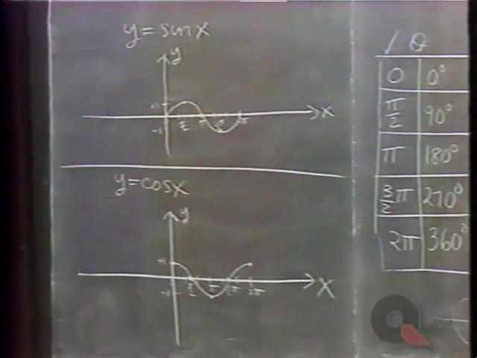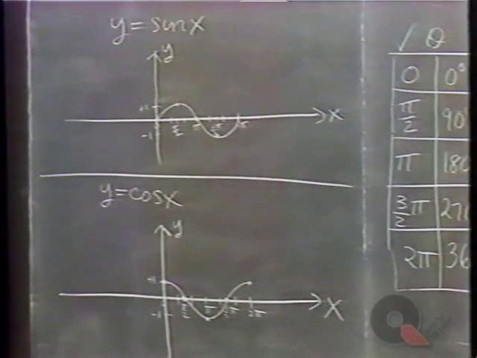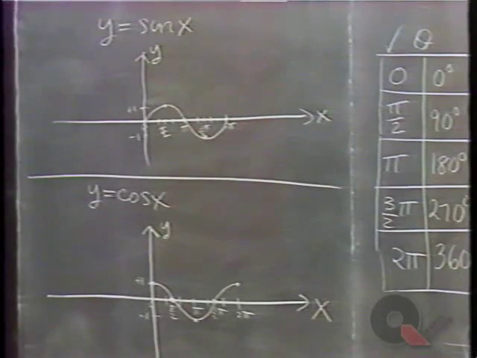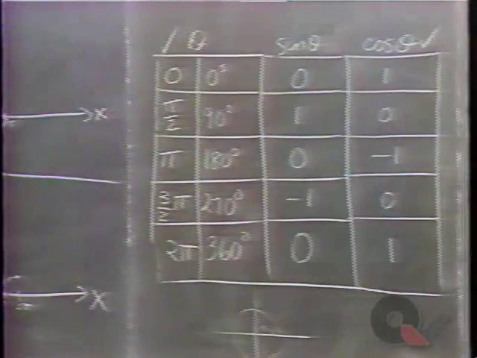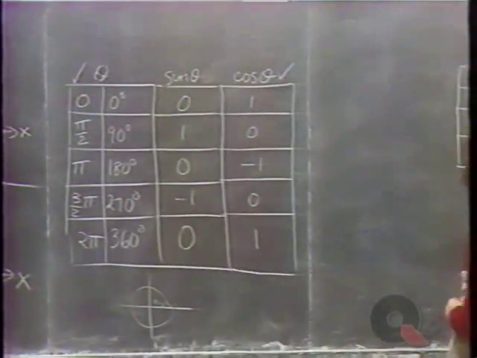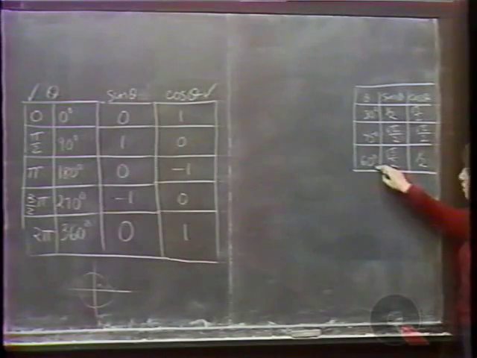Okay, now, the last thing I want to do on this tape is give you an easy way of remembering trig functions of these basic angles. You remember that earlier in this tape we accumulated the values for 30 degrees, 45 degrees, and 60 degrees.